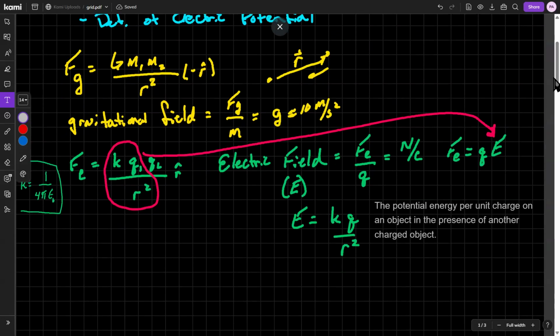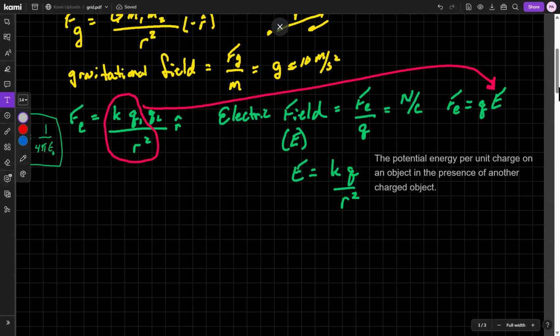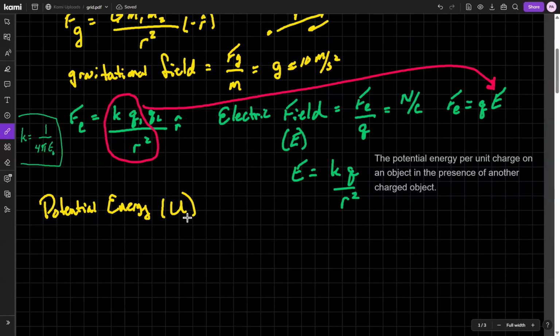So, what does this really look like? Well, let's go back and review our potential energy. Our potential energy U, the standard unit for all potential energies regardless of what kind, is really this.